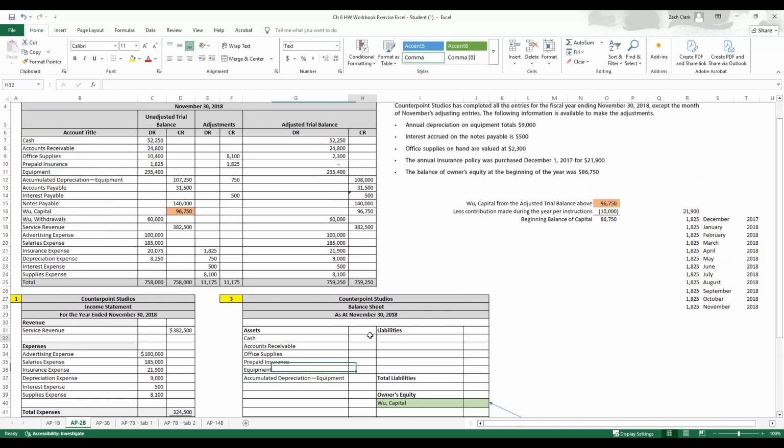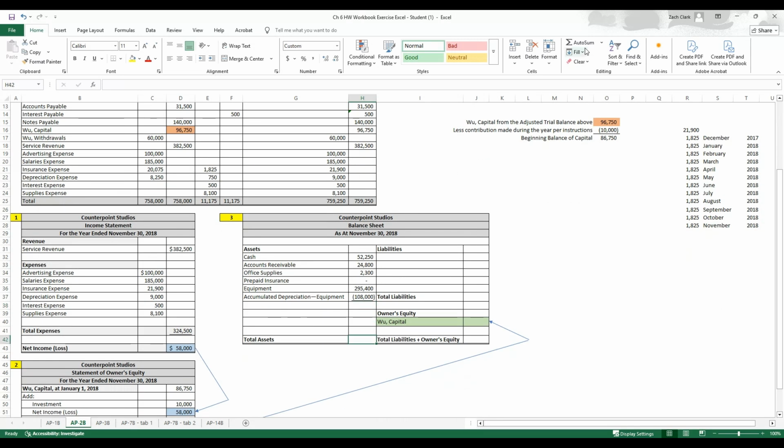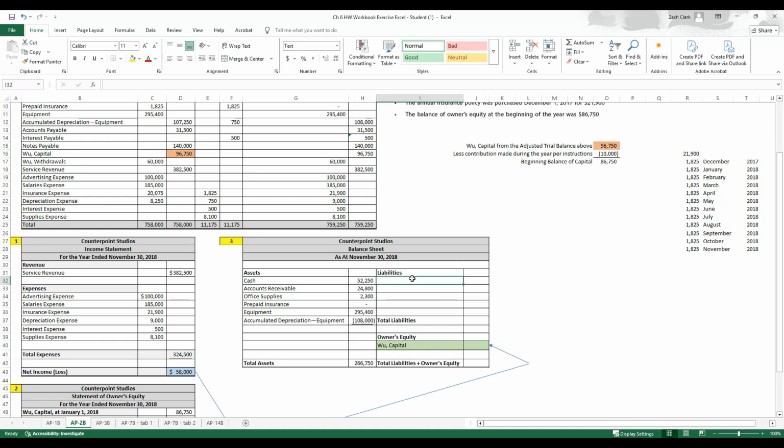So let's do that. And then let's bring in all of our ending asset balances. So 266,750.